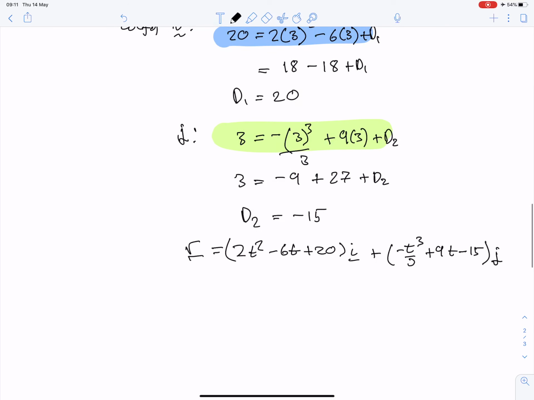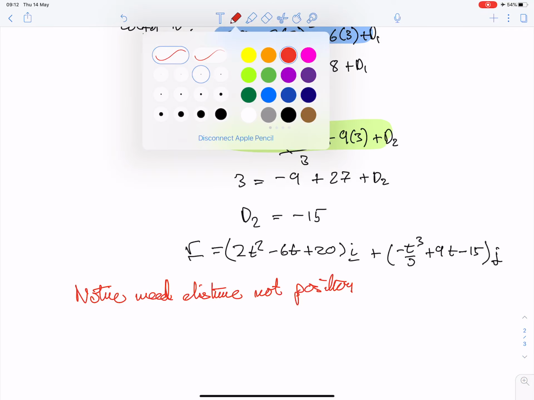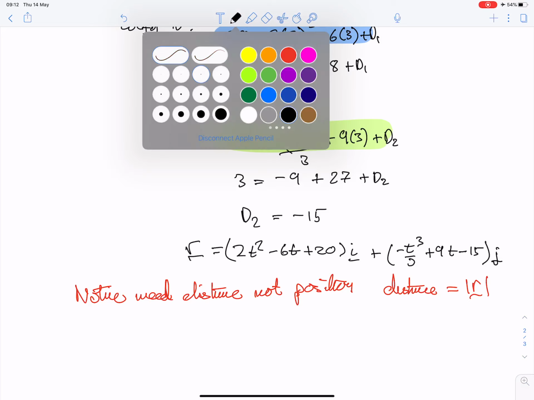Okay, so we've got to substitute t equals 0, and it's distance, not the position. Notice, we need distance, not position. So distance is equal to the magnitude of r.